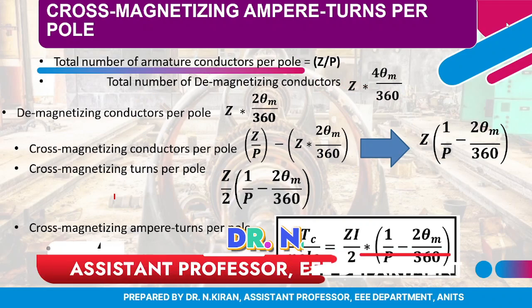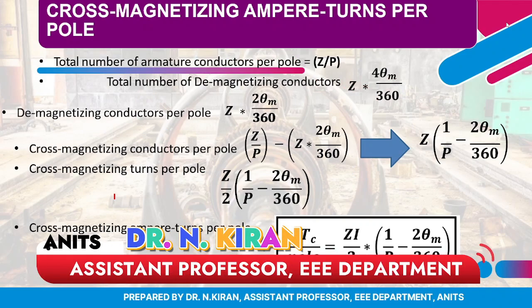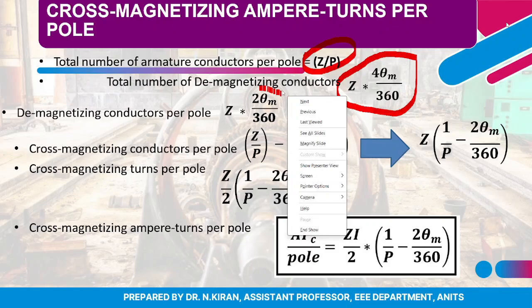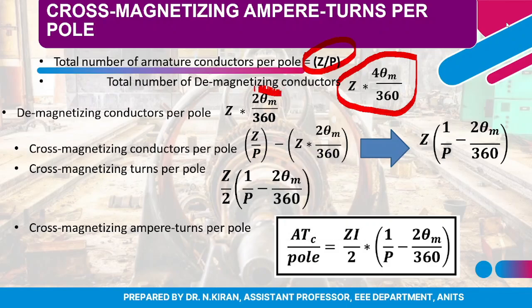The total number of conductors per pole is Z by P. Demagnetizing conductors are given by Z into 4 theta m by 360, isn't it? If I need the per pole value, it is just dividing by 2. So demagnetizing conductors per pole will be Z into 2 theta m by 360.